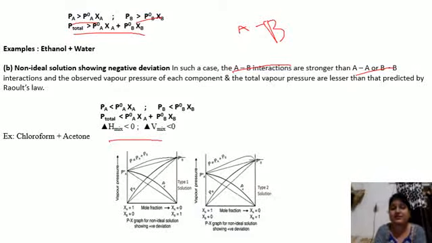The change in enthalpy will be less than 0. Okay? See, suppose we have taken, in this case, this is positive deviation, this is negative. Here the total pressure is greater than that, so it is going like this. But over here it is slightly changed. Okay? That means the interaction is more. The interaction between solute and solvent particle is more than that of individual solute or solvent interactions.